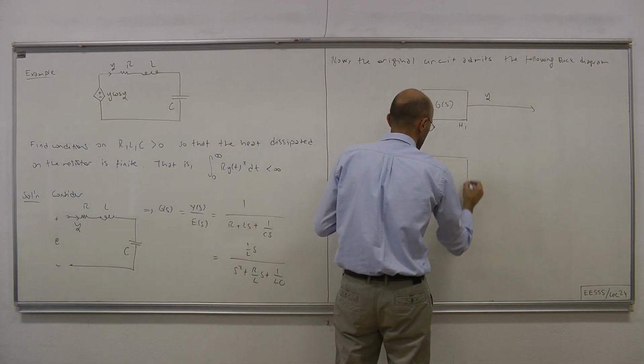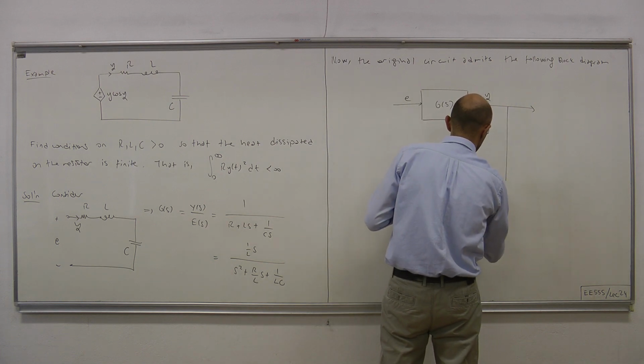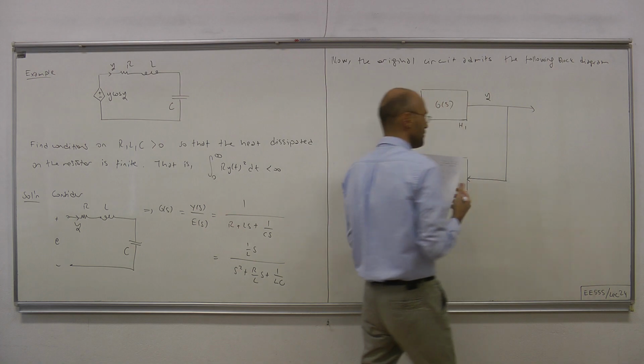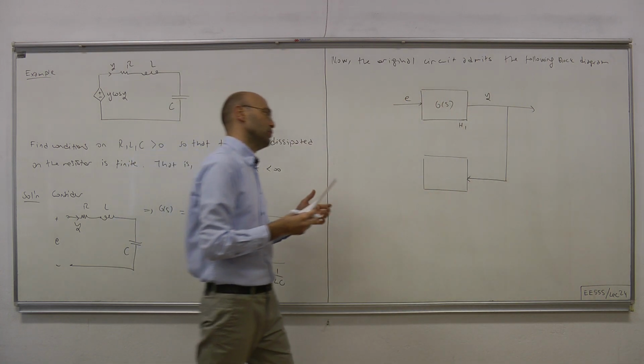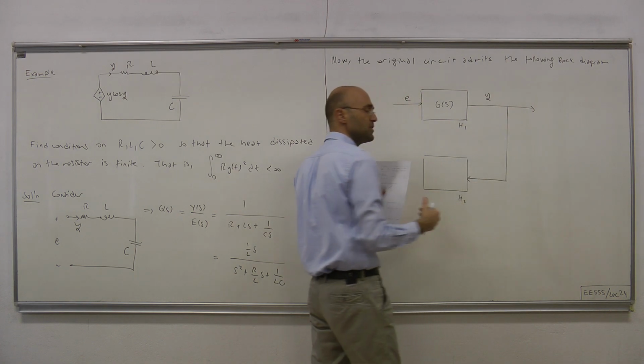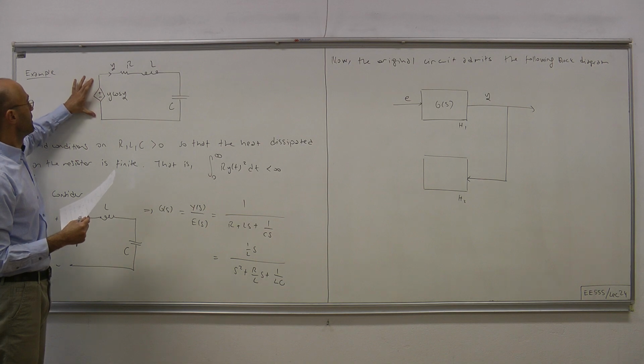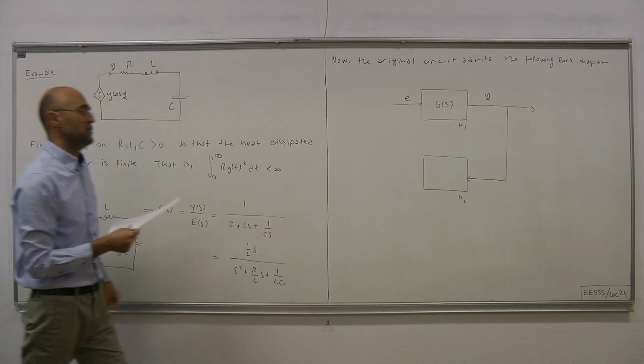Then we have here the other subsystem, which takes the output of the first subsystem as its input. So Y is the input and the voltage, Y cosine Y, is the output.